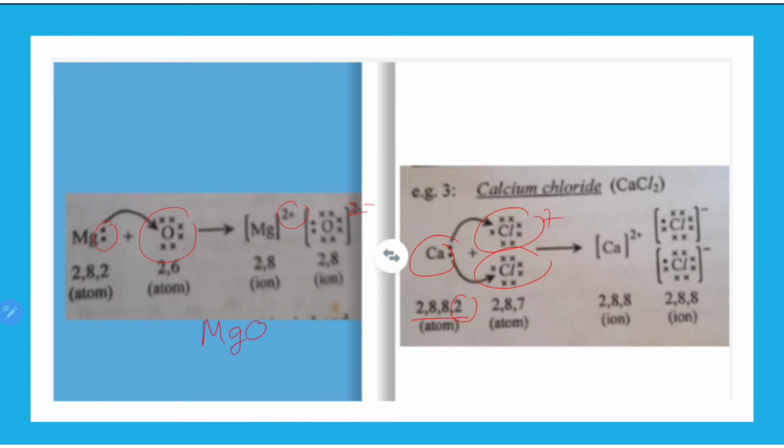So to reach noble gas configuration, chlorine just takes 1 electron and becomes Cl minus. Then Ca becomes 2 plus, and there are 2 Cl minus. So the formula is CaCl2. This is the way we draw the dot cross diagram for an ionic compound.